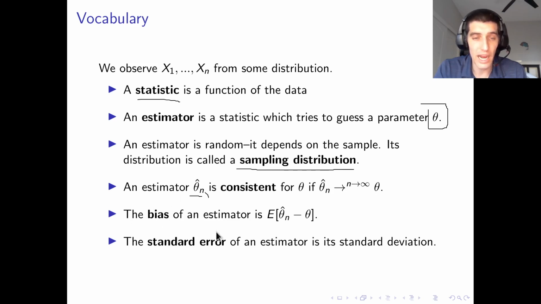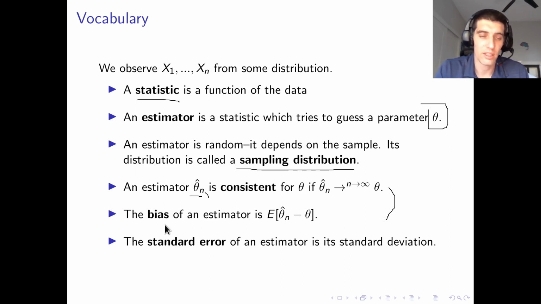The bias of an estimator is the expected value of the estimate minus the truth. These are complementary: an estimator being consistent means that as I get more and more data, I get closer and closer to being right.